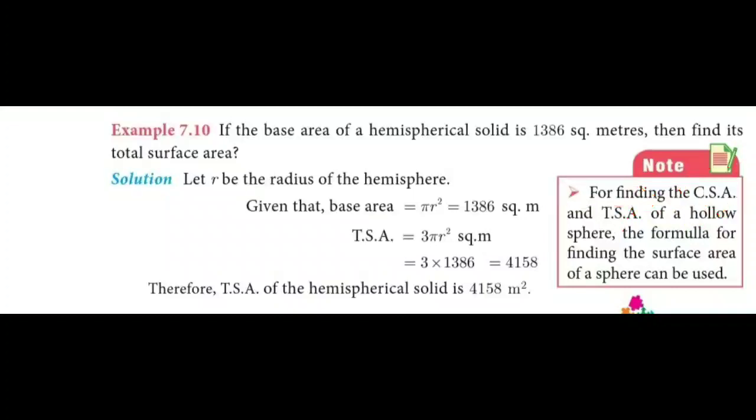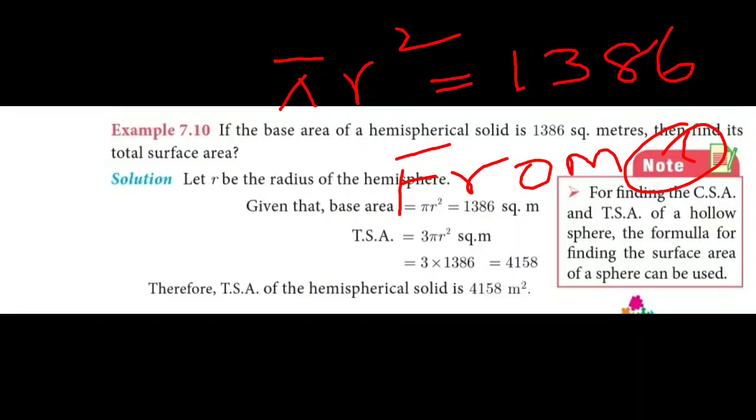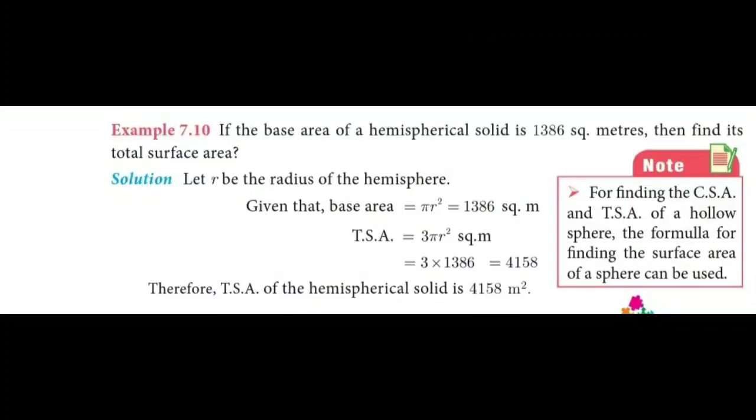Then the TSA of a hemisphere is equal to 3πr² square meter, so 3 into 1386 from equation 1, is equal to 4158. Therefore, the TSA of the hemispherical solid is 4158 meter squared.